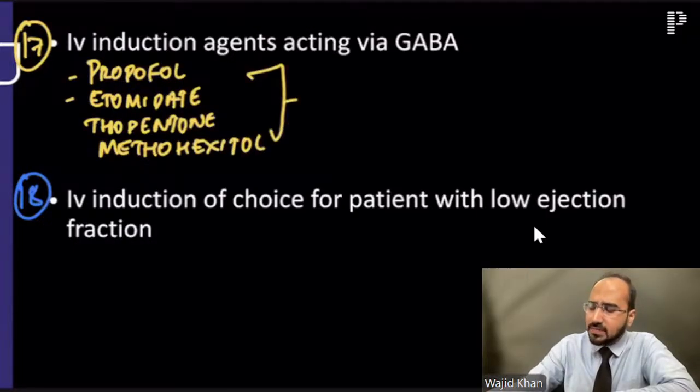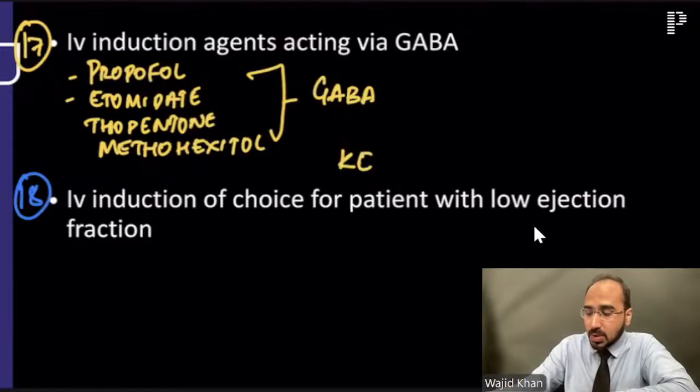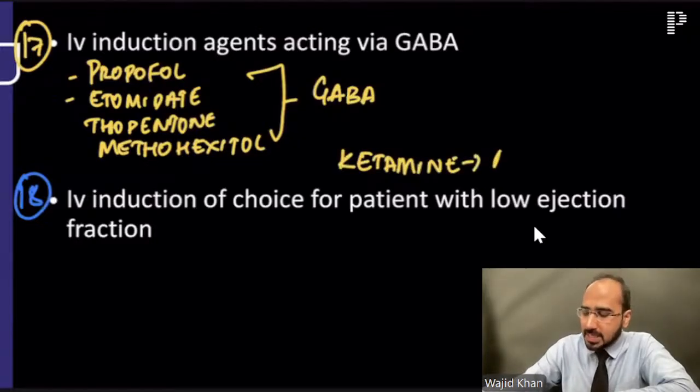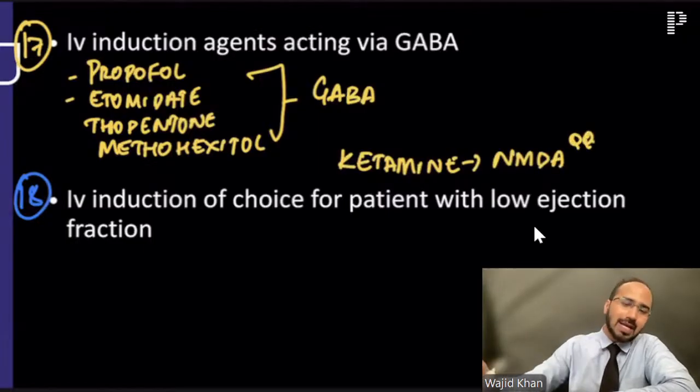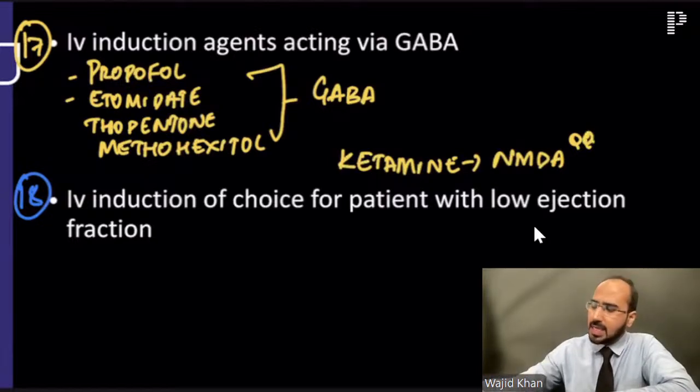All these drugs will act via GABA, except one more drug you have, ketamine, that usually acts on the NMDA receptor. As he's asking about just IV induction agents, we have mentioned that these act through GABA receptors, and this is the drug acting through NMDA.